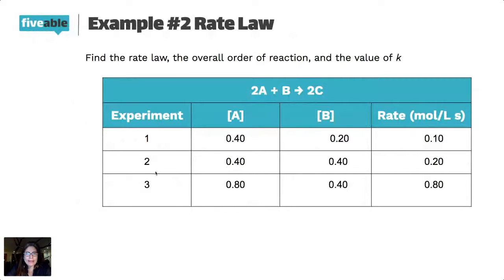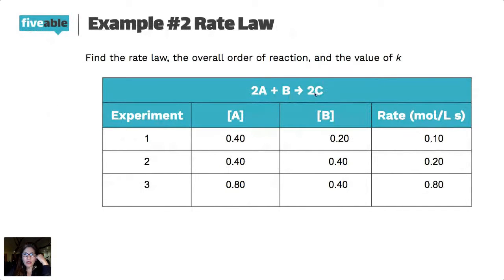For example, they're going to give you a set of data with several experiments, where you start several experiments with specific concentrations of reactants, and they're going to give you the initial rate of that reaction. So for example, here we have 3 experiments with different concentrations of the reactants.